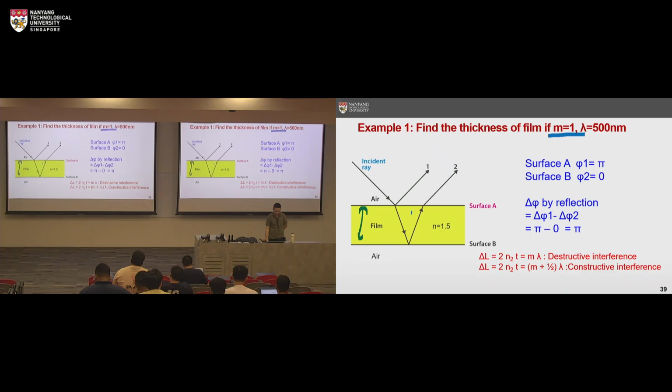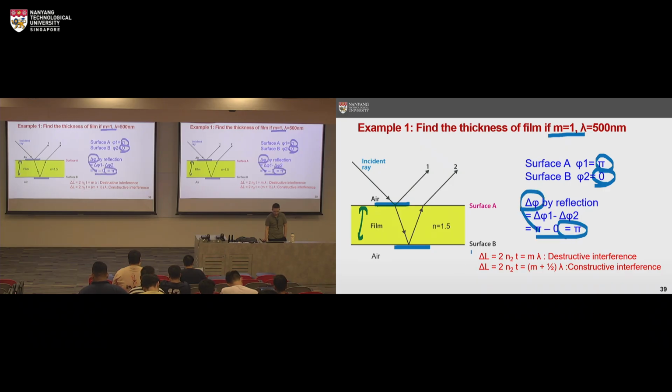Here is the yellow part, and this is your first reflection. This is your second reflection. For your first reflection, it's air to film, so your phase change is pi. Your second reflection is film to air, so it's 0. So delta is pi, which tells you should use this set of equations.